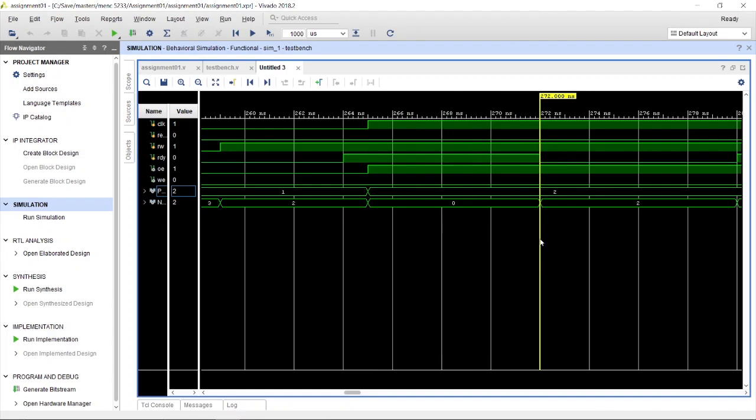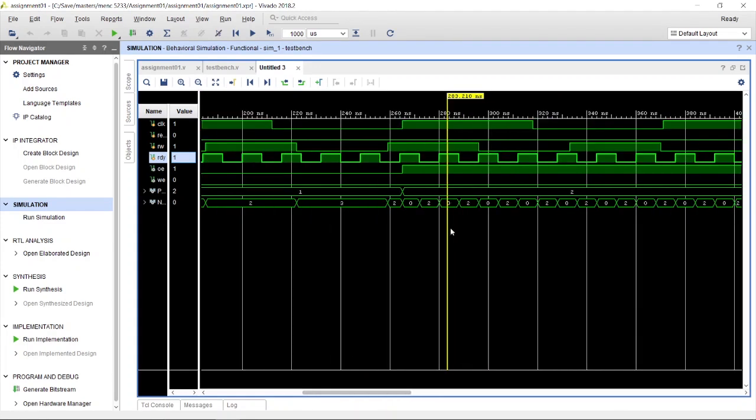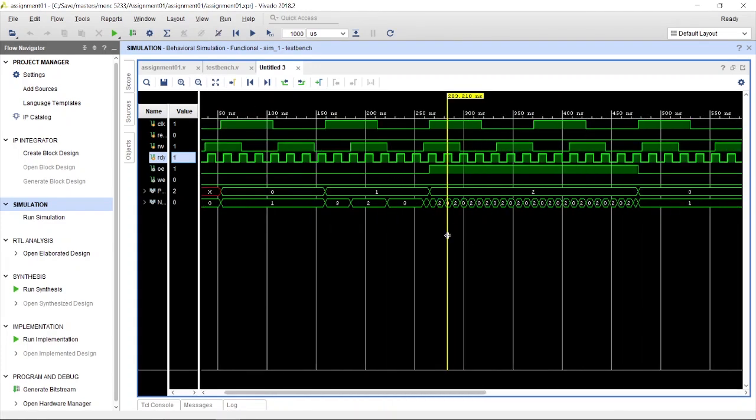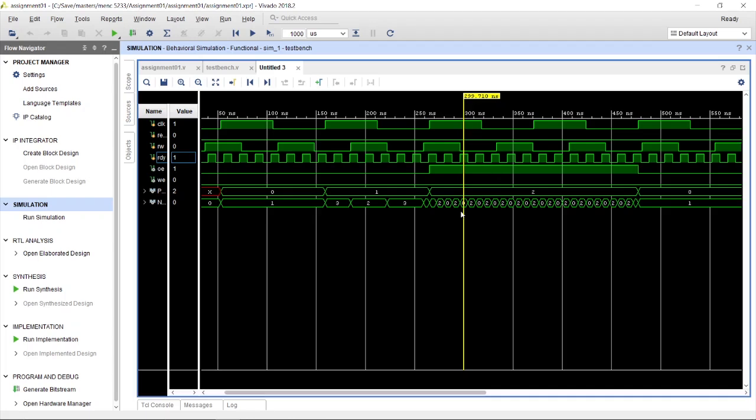Then until here RDY becomes 0, present state S2, RDY is 0, you will stay in S2 for long, and then this will continue. You can see from here, RDY becomes 0, it stays. RDY becomes 1, it goes back to state 0. This will repeat itself.